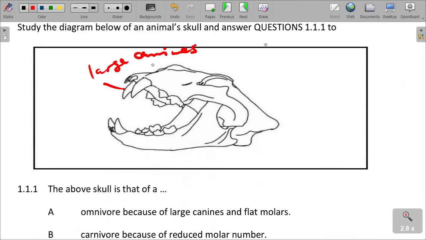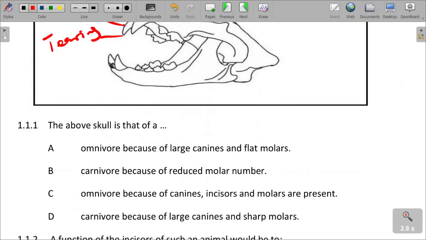This shows that it's an animal that has to do with tearing, with biting, with eating of meat. So the skull above is that of a what? The skull above is that of a what?